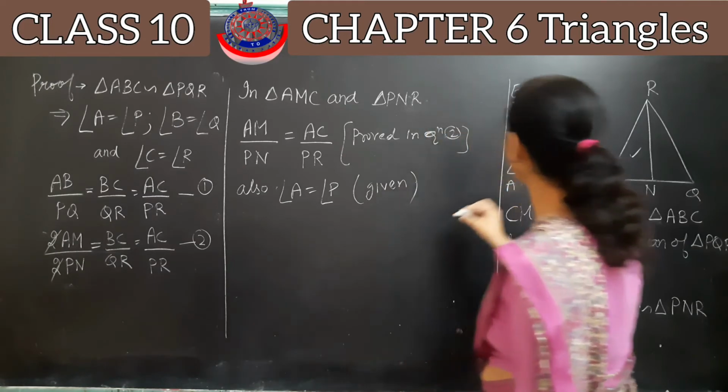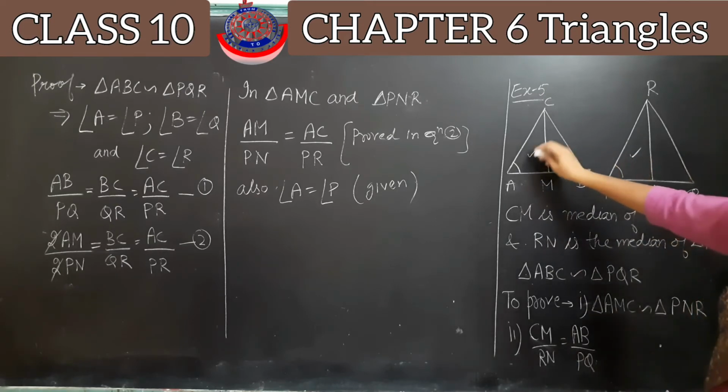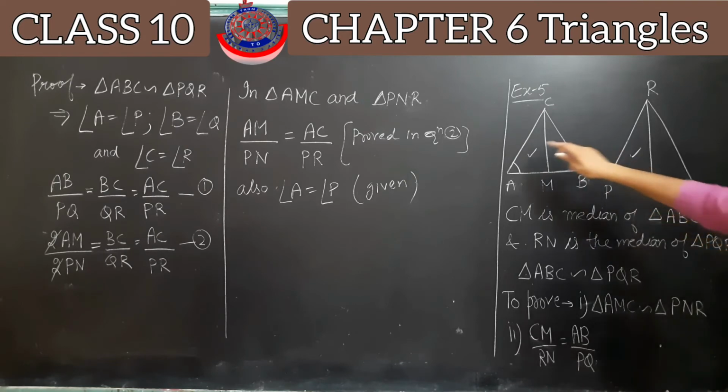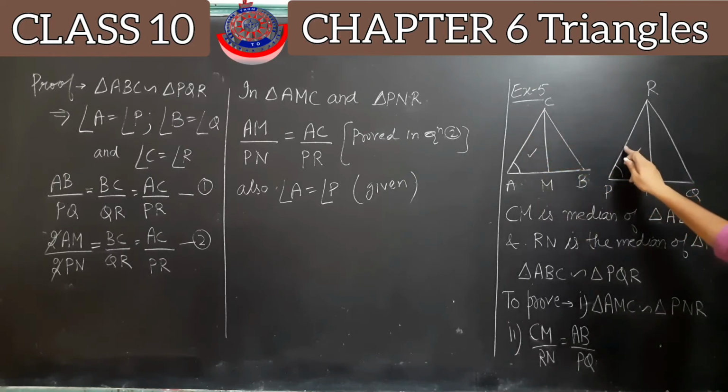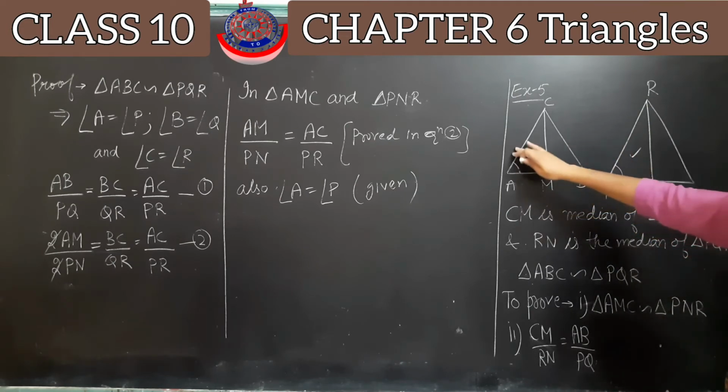That means in these two triangles, what is given to us? This angle A is equal to angle P, and AM upon PN is the same as AC upon PR. That means these two triangles are similar by the side angle side property.